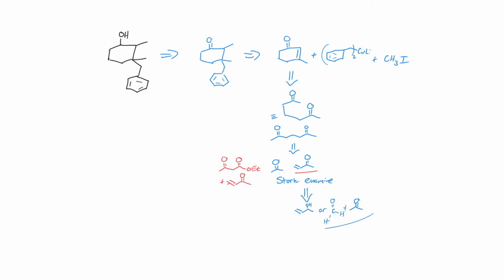This is probably easier because I have two functional groups here that I'd have to produce, whereas in this case I just have to come from methanol and isopropanol. So I think that's probably the easier way to go. But of course, this might be a challenge for you. How do you make 3-buten-2-ol? That would be a good challenge to think about.